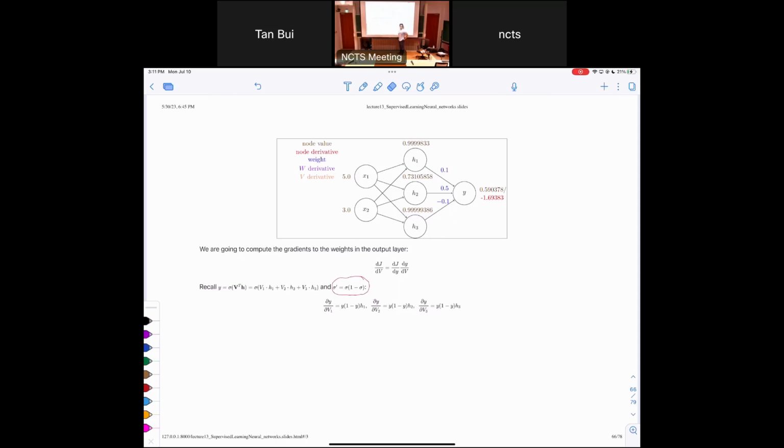Any question? Yeah. Because y is equal to sigmoid, and the derivative of a sigmoid is this. Chain rule.